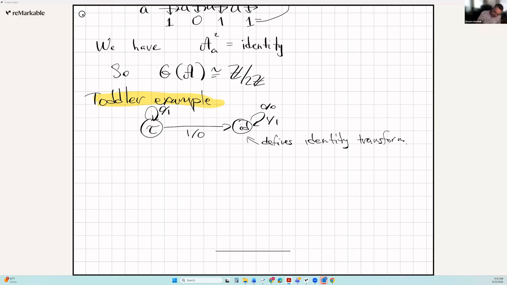Right, so that's why the group generated by this automaton, this is our new A, will be just generated by tau. Let me just write tau, as a short form for A tau.